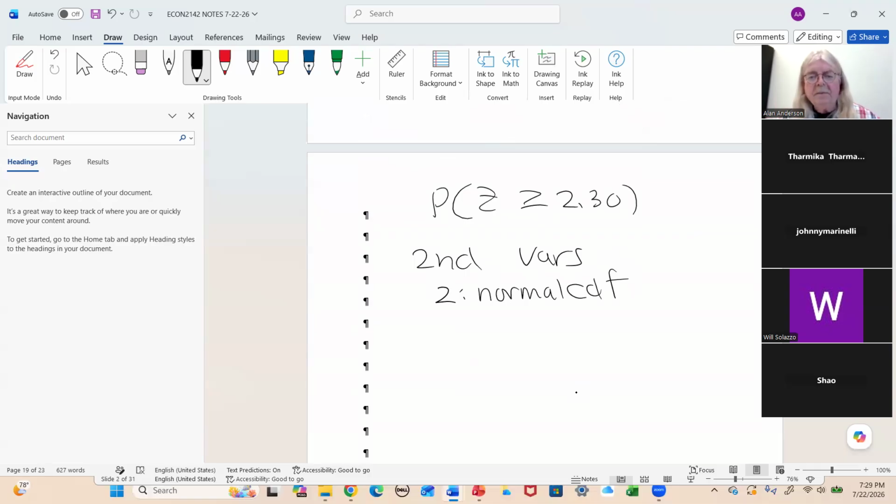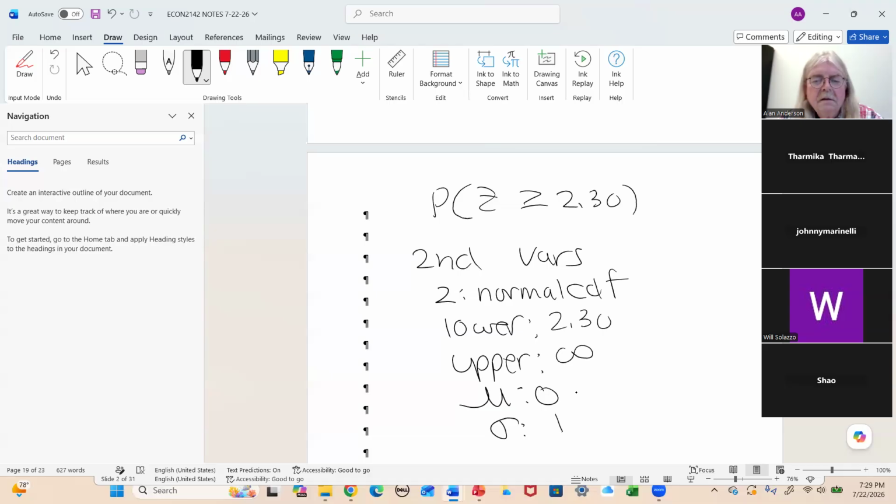All right, so it's going to have lower upper. Wait, 0.01.